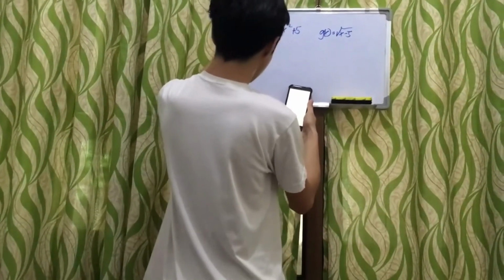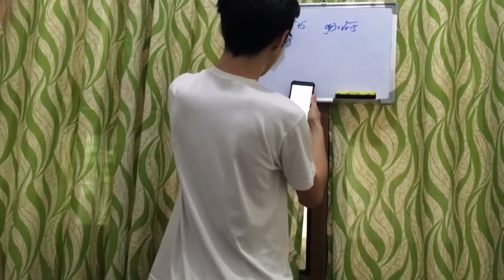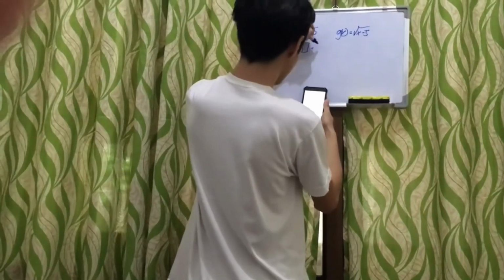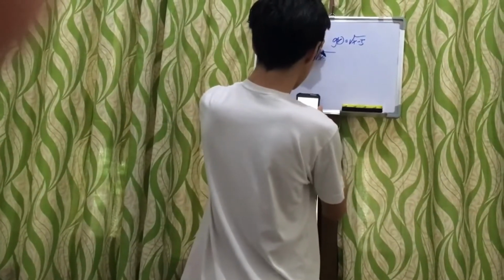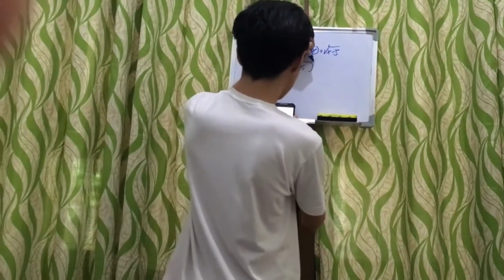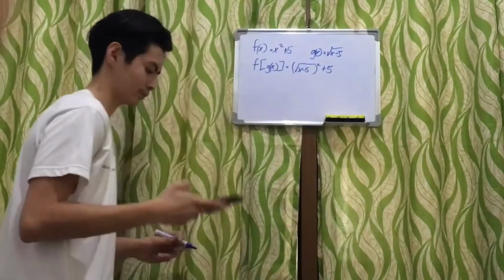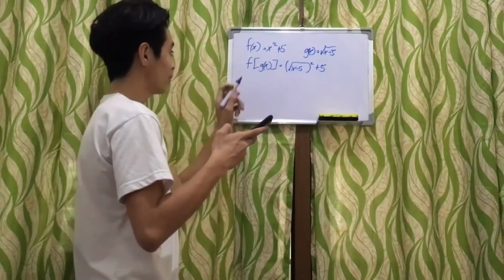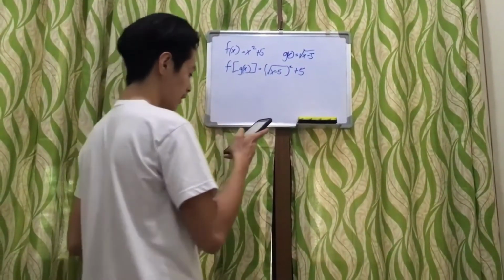f of g(x) equals the square root of x minus 5, squared, plus 5. Then, replace the square with x minus 5 and then cancel.